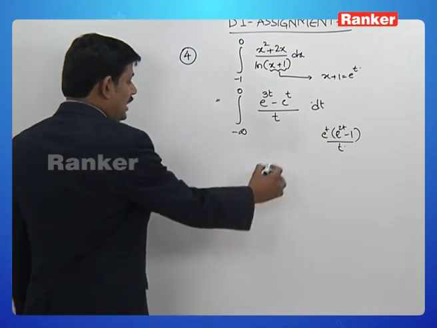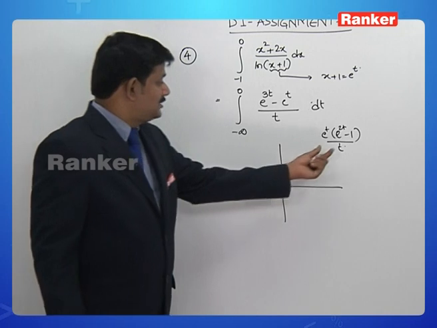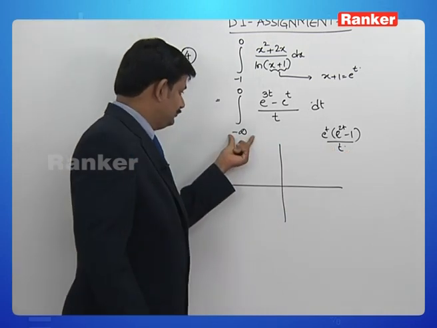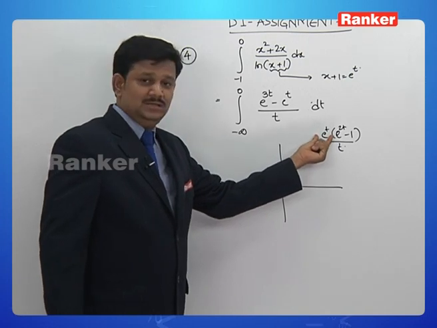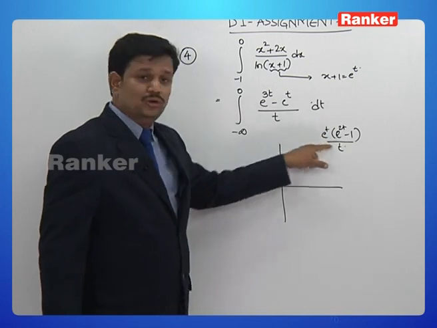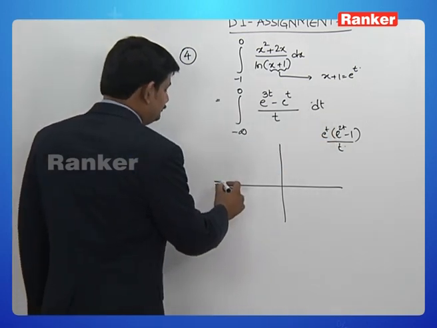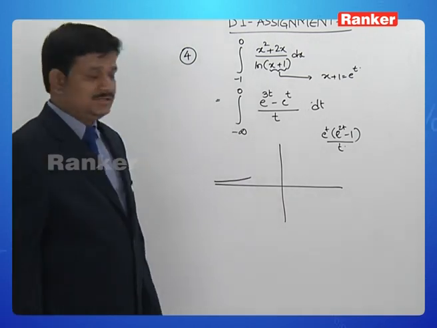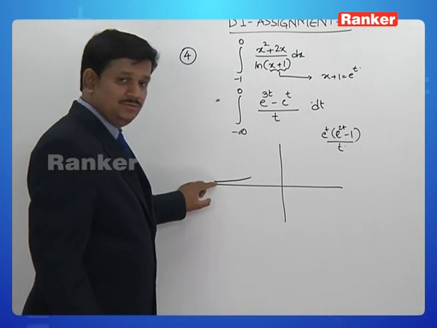As t tends to minus infinity, the denominator is minus infinite and e power t is 0. So, any number close to 0 divided by an infinitely large number tends to 0. So, e power t into (e power 2t minus 1) divided by t tends to 0.